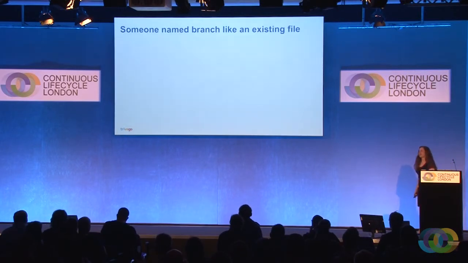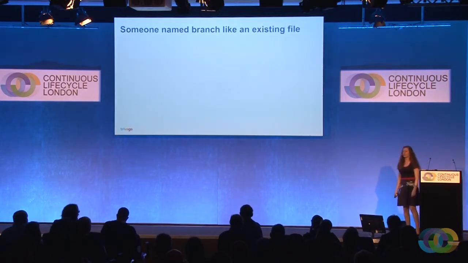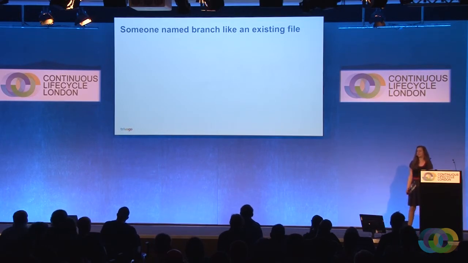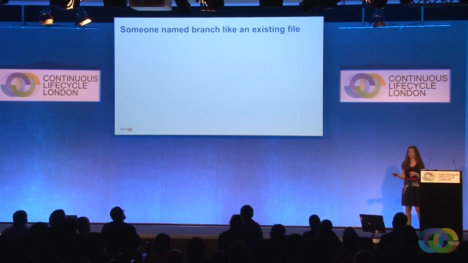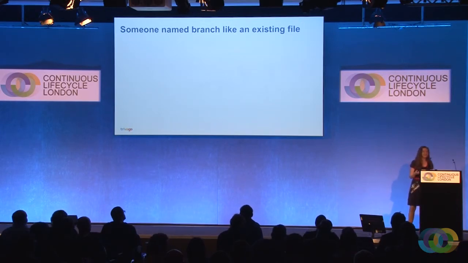One day my colleague Jakob came to me and told me, yeah, I have this branch and I'm trying to check it out, but I can't because it's called composer.json. It's no joke. It actually happened.